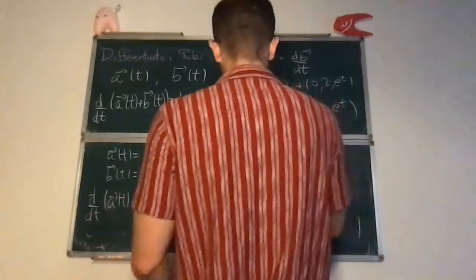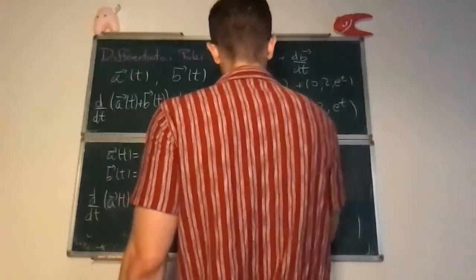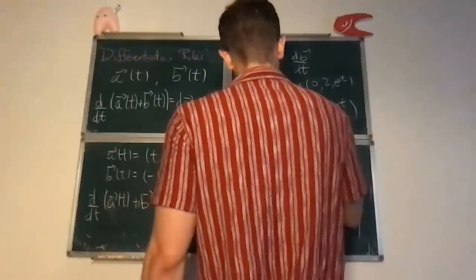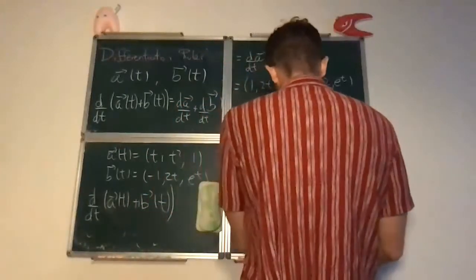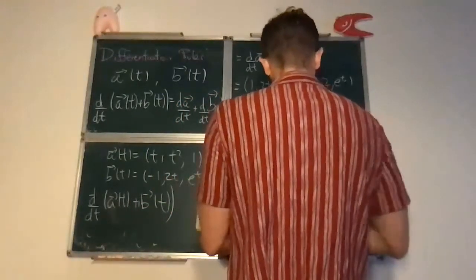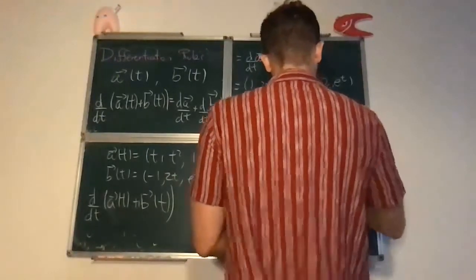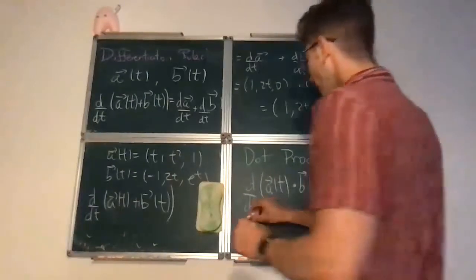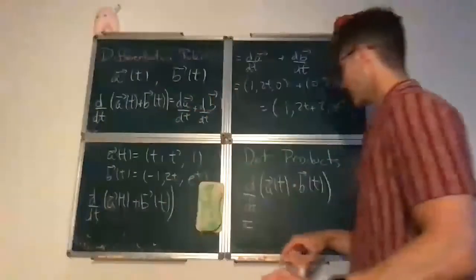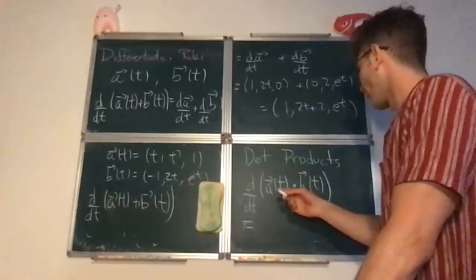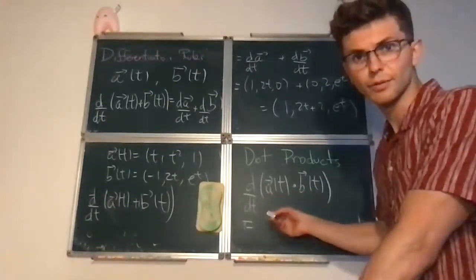In this case, the derivative with respect to time of a of t dot b of t, what is that supposed to be? Well, what would this be if this were an ordinary multiplication? It would be the derivative of the first one times the second one.